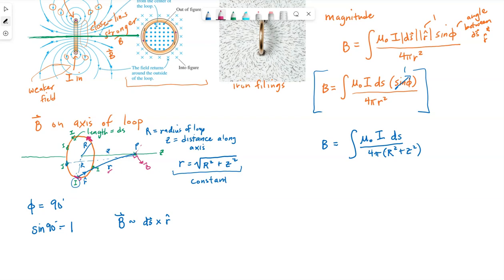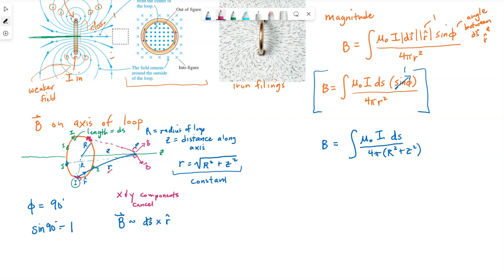will point, let's see, this way, perpendicular to its r. So if I was to draw in the little r, I didn't get that perfectly perpendicular, but it would point off such that the x and y components cancel, which is what we see in this picture above.